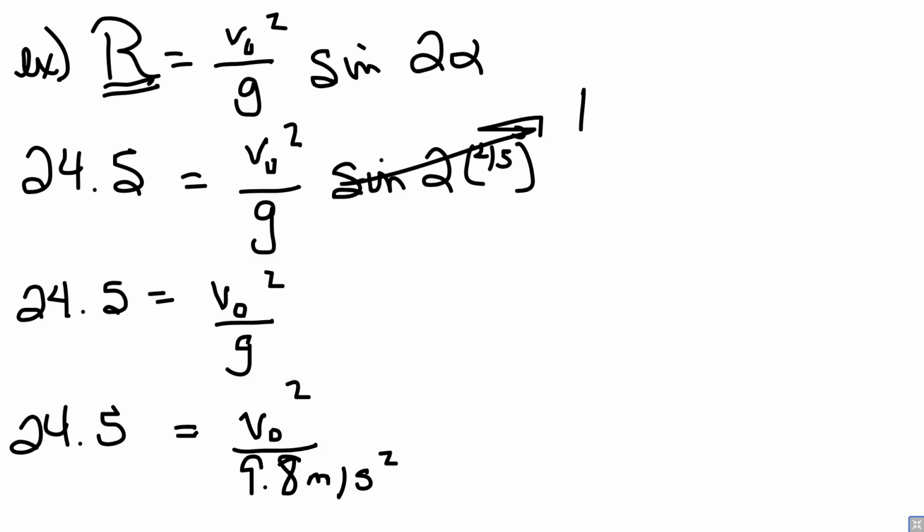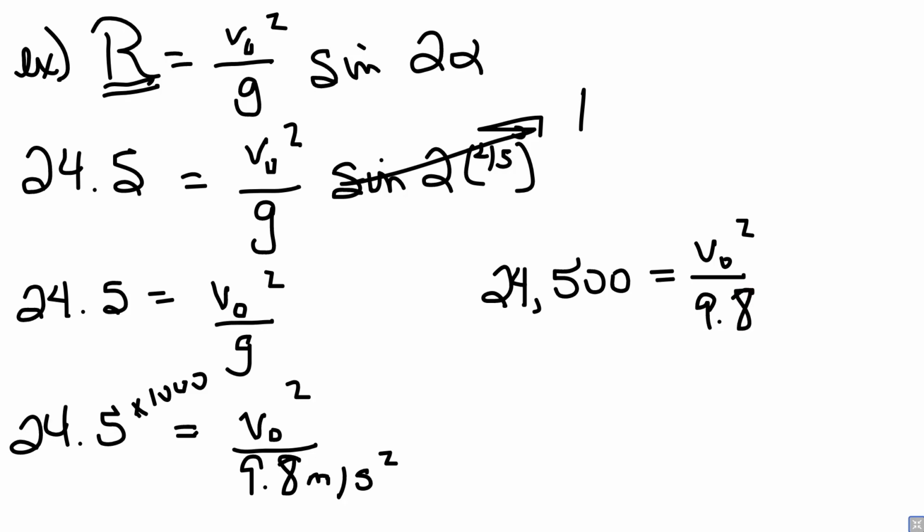Yeah, convert the range to meters, correct. So we need to multiply this by 1,000 to convert it to meters. Okay, so if we do that, we're going to have 24,500 is equal to v sub 0 squared over 9.8.